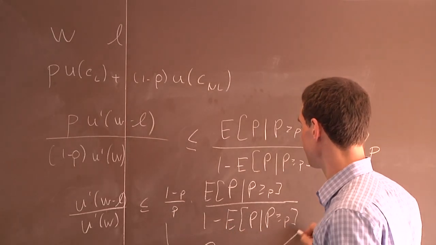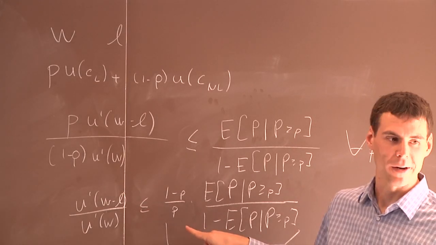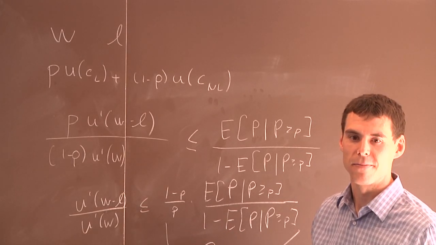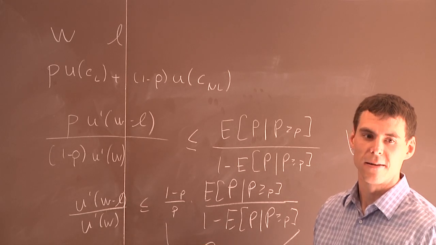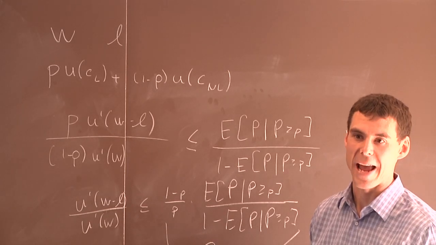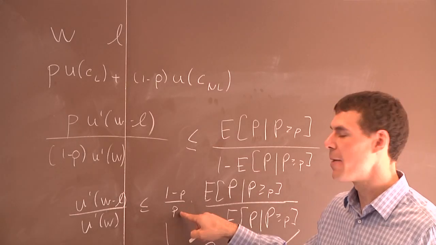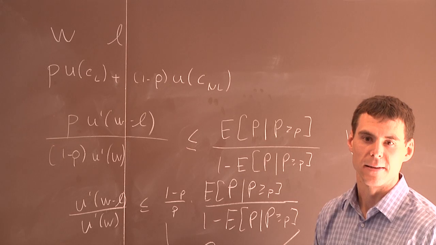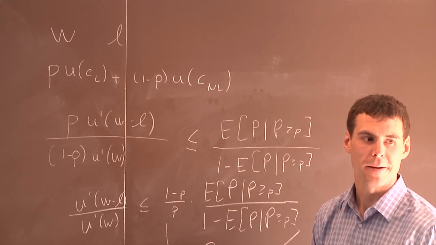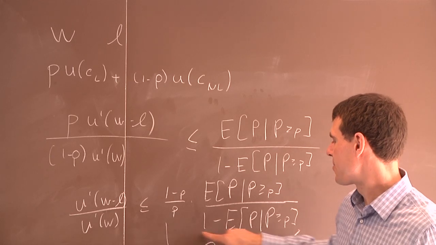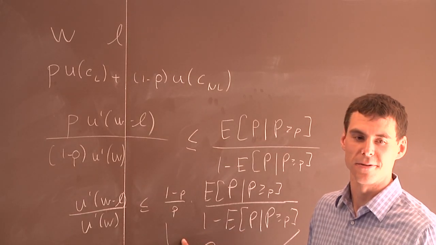And this is sort of a number which is like the markup that's imposed on the type p if all the worst risks are selecting that insurance contract. So sort of the average cost that this guy would have to pay in order to make this insurance contract break even.